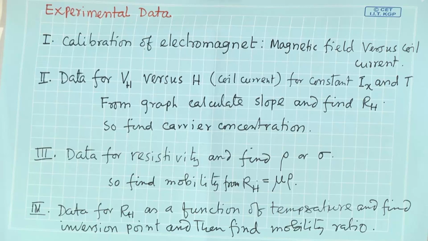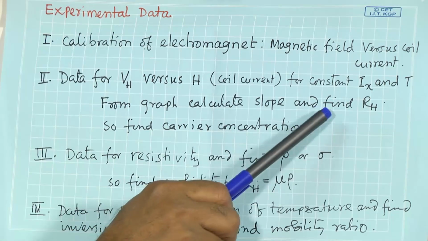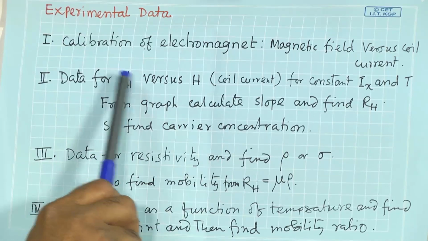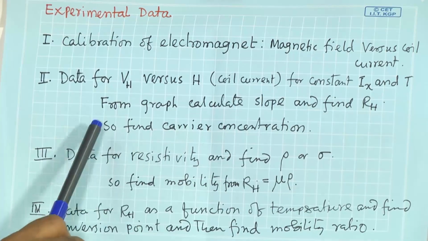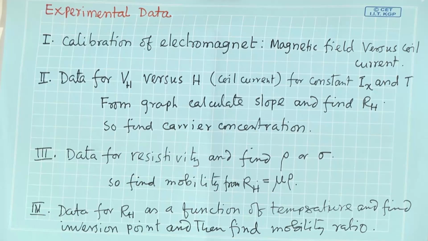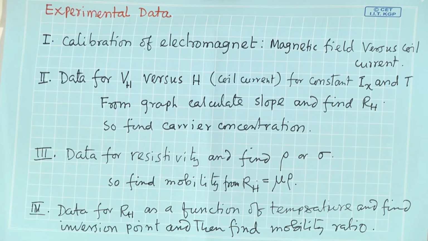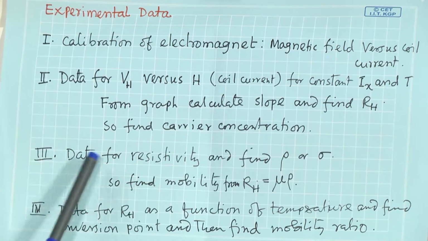For the resistance measurement, one can do it using the four-probe method, or the resistivity will be supplied for that sample. From there you can find out the mobility of the carrier.